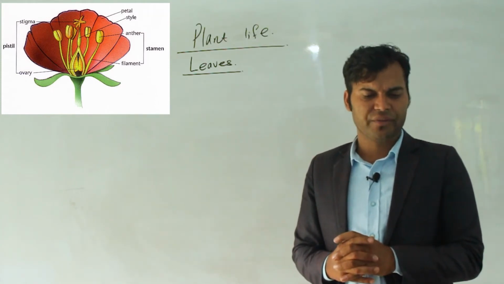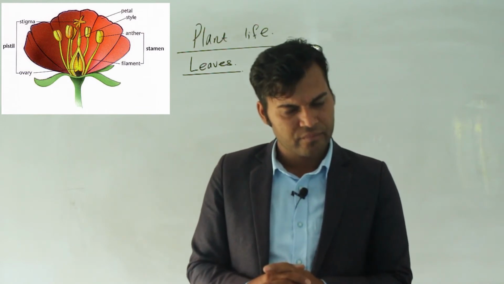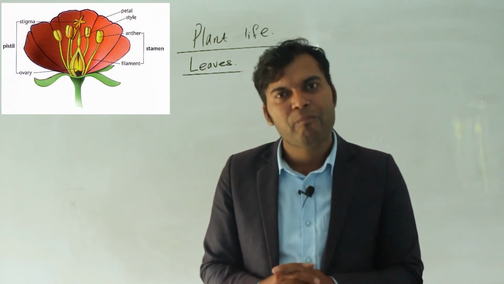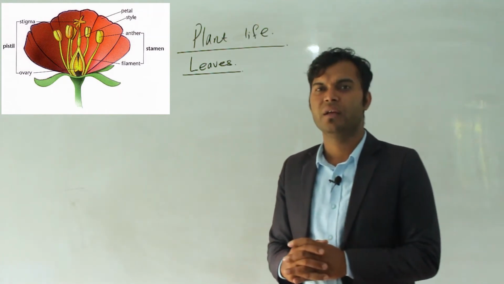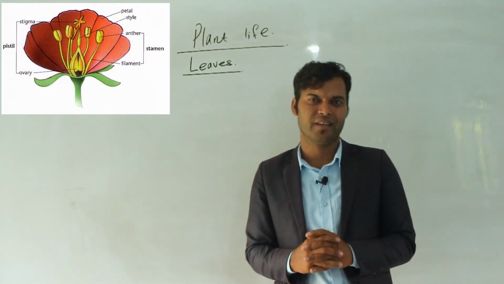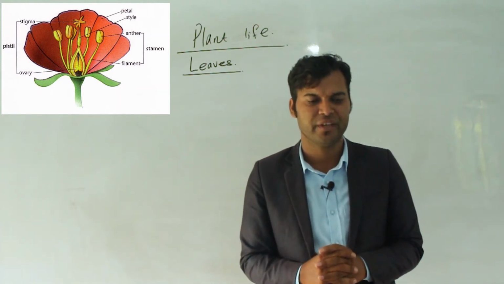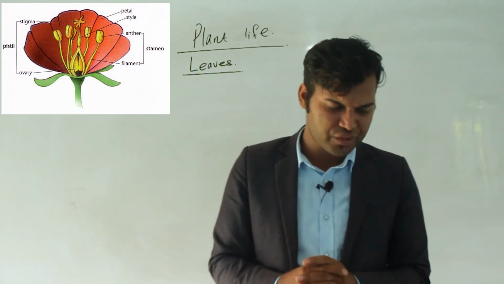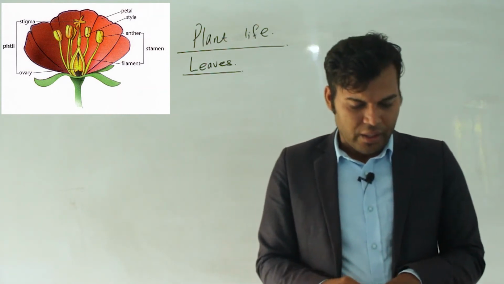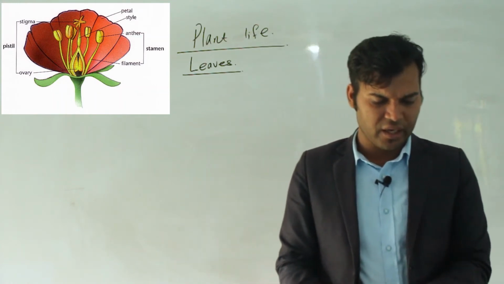Next one is stamens. The male part of a flower is called the stamen. They have a lobe or bag at the tip called the anther.